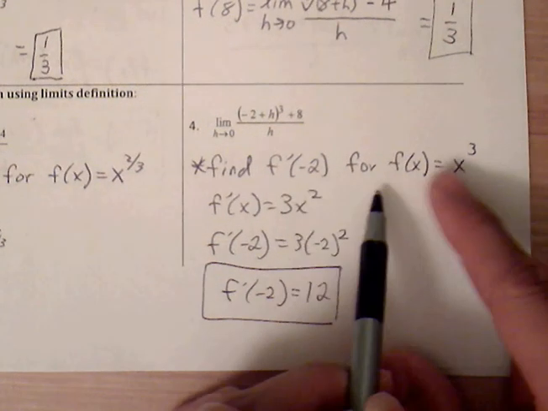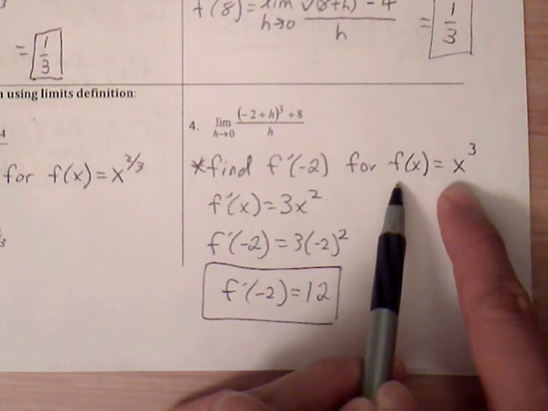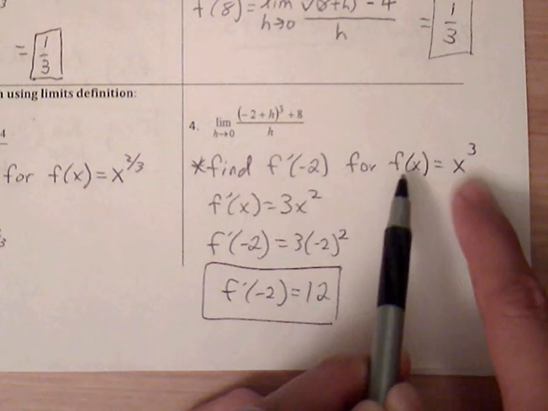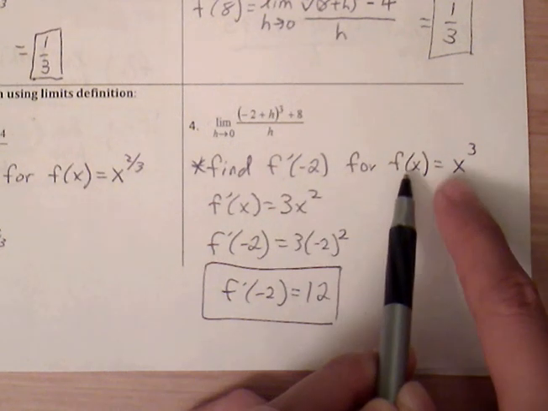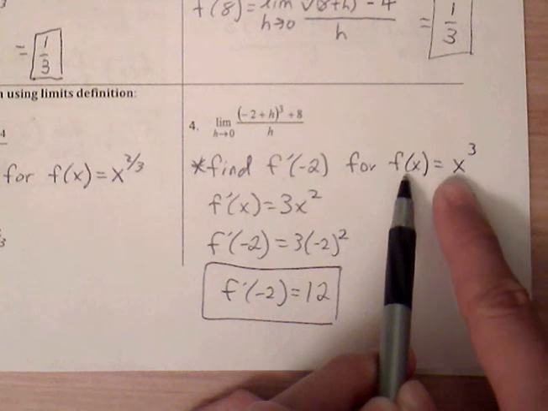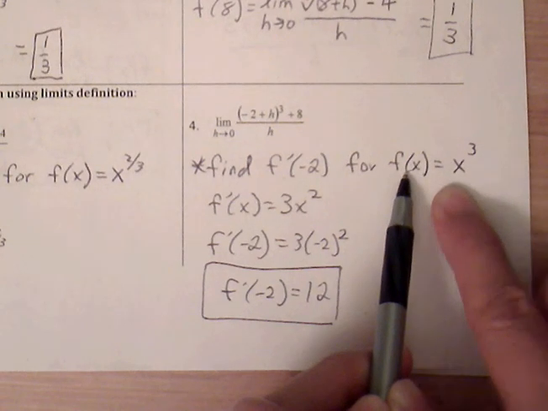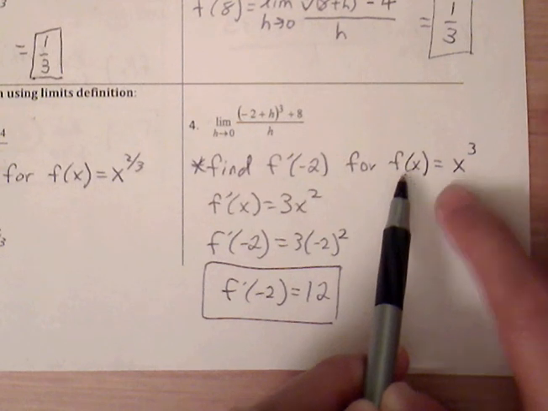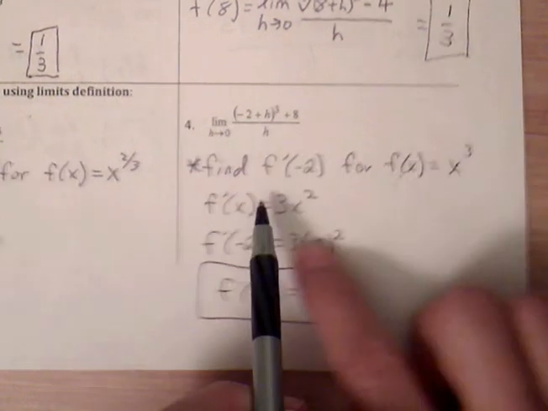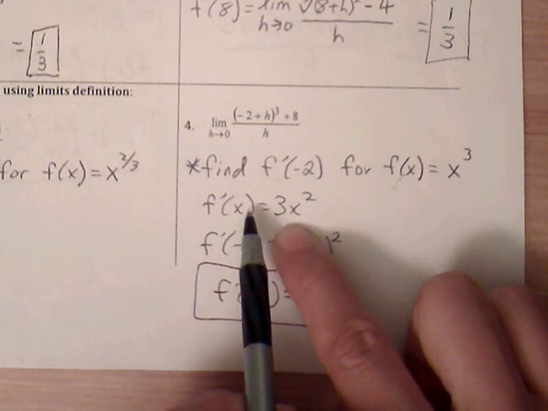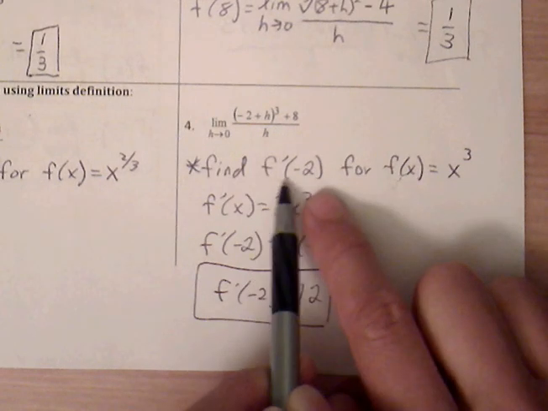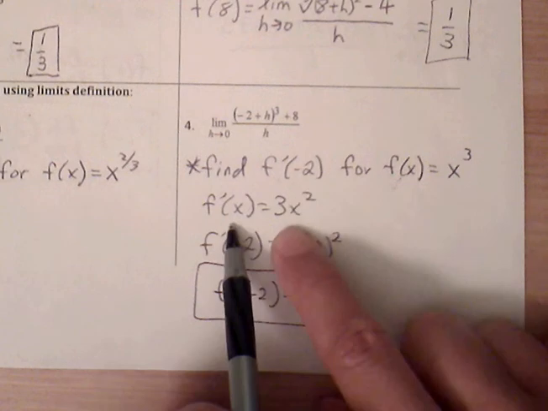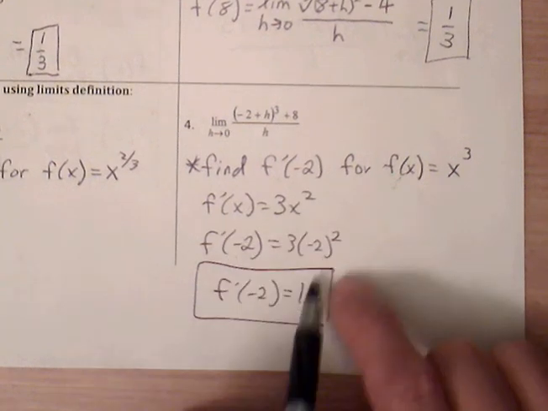So if we know that this is what we start with and this is where we want to go to, then we can simply find the derivative for this function using a much more efficient method, which is power rule. Once we find the derivative using power rule, x cubed becomes 3x squared, we simply evaluate the derivative at -2 by plugging -2 in for x, and that'll get us 3 times 4, which is 12.